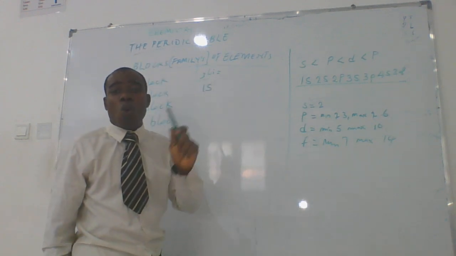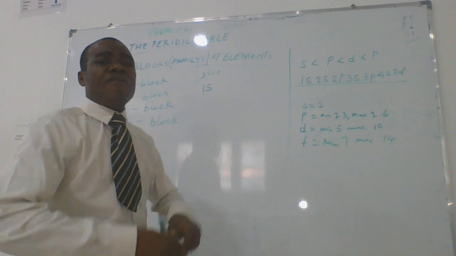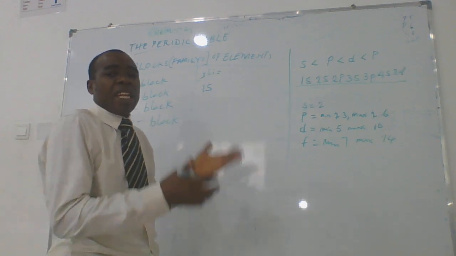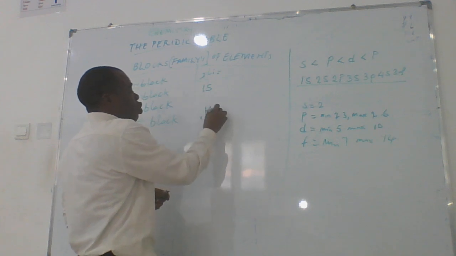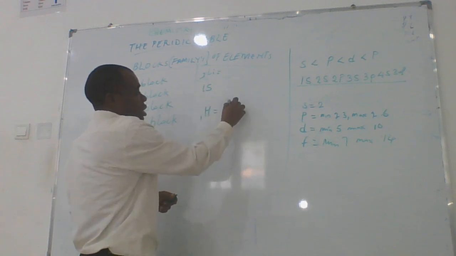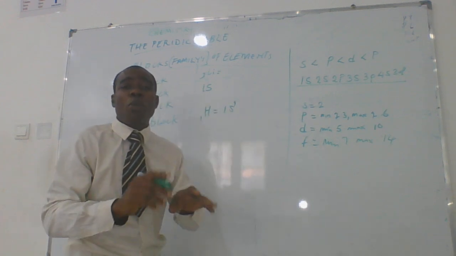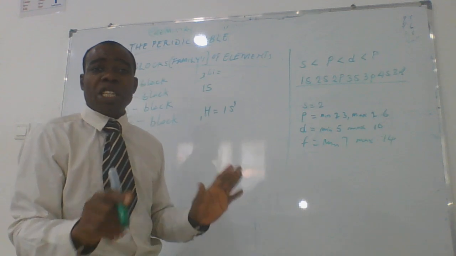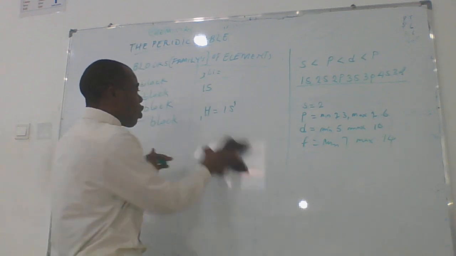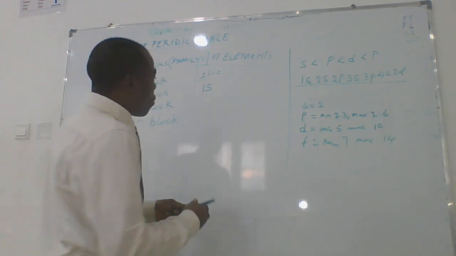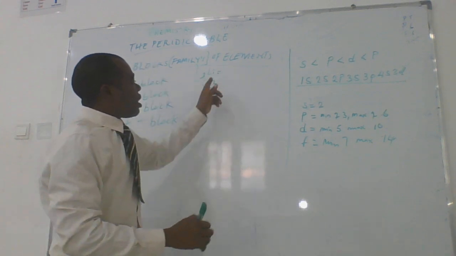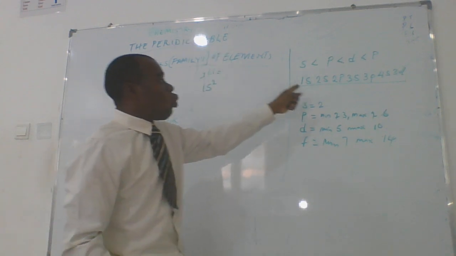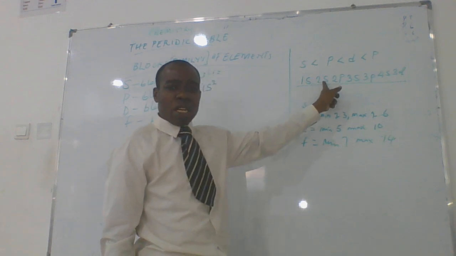But in the case of hydrogen, it's just going to be 1s1, because hydrogen does not have more than that. So for lithium, it is 1s2, then the remaining 1 electron will move on to the 2s orbital.